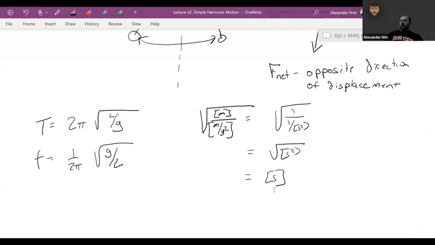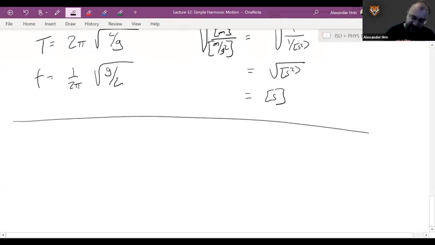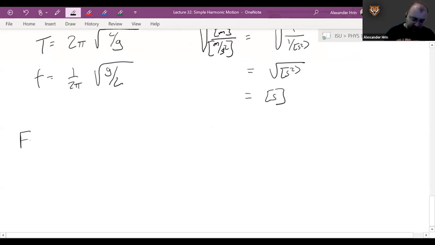Okay. Now, the idea behind both of these is that you have a net force that is opposite and proportional to displacement.